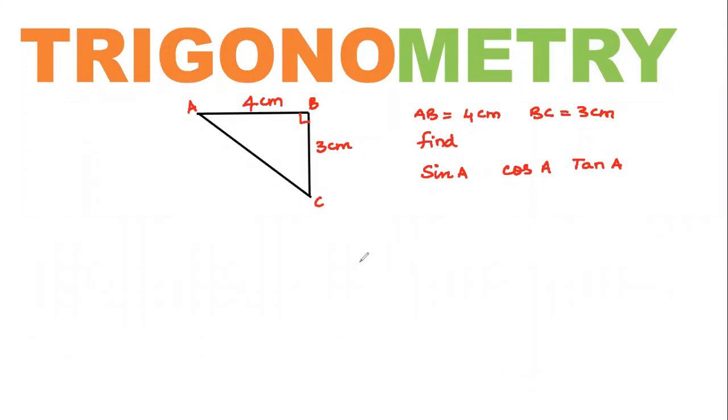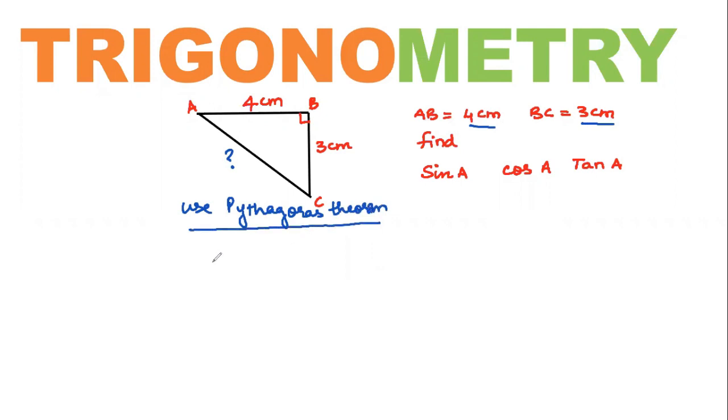Say for example, ABC is a triangle, right angled at B. AB is given as 4 centimeter, BC is given as 3 centimeter. To find the hypotenuse, use the Pythagoras theorem. What is the Pythagoras theorem? AC squared is equal to AB squared plus BC squared.